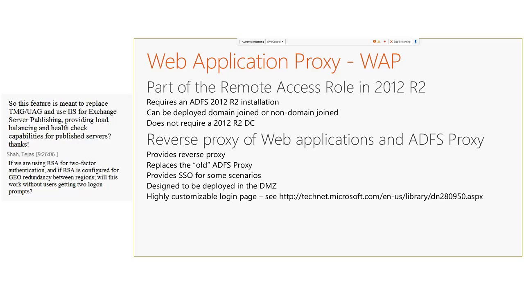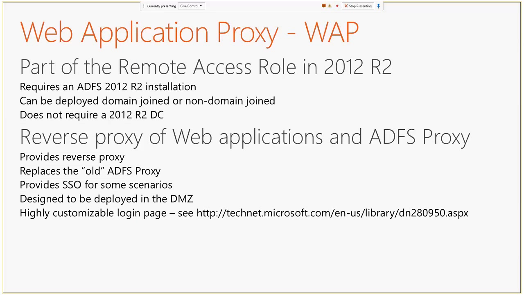So what's the Web Application Proxy? The Web Application Proxy really has two roles to it. The first role really is to replace the old ADFS proxy. The ADFS proxy formerly was a downloadable component that you were able to install on a standalone box, and it provided a GUI for users to log on to ADFS at that stage.